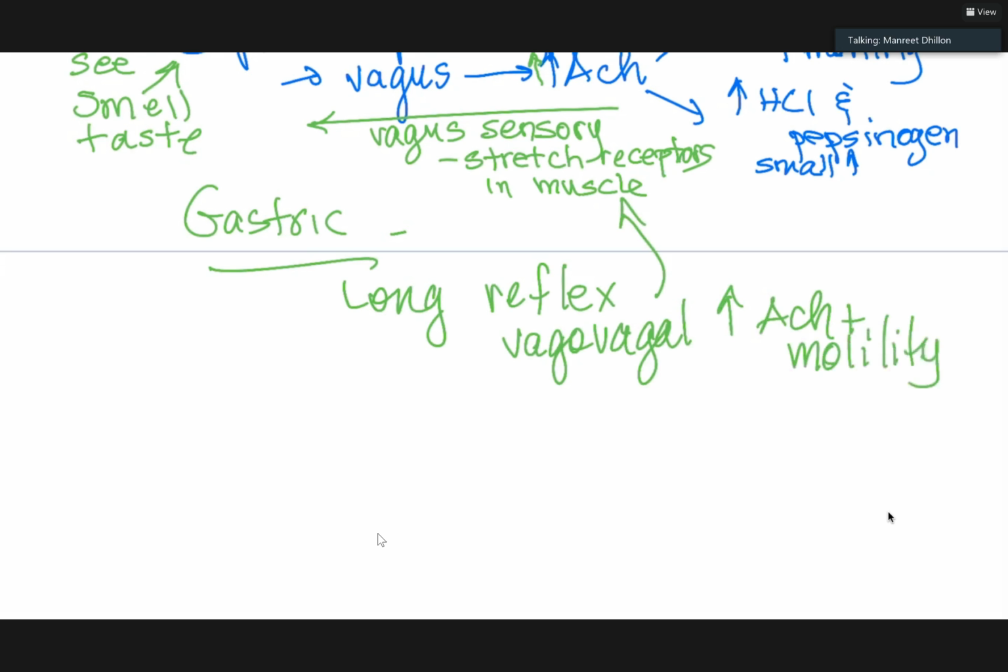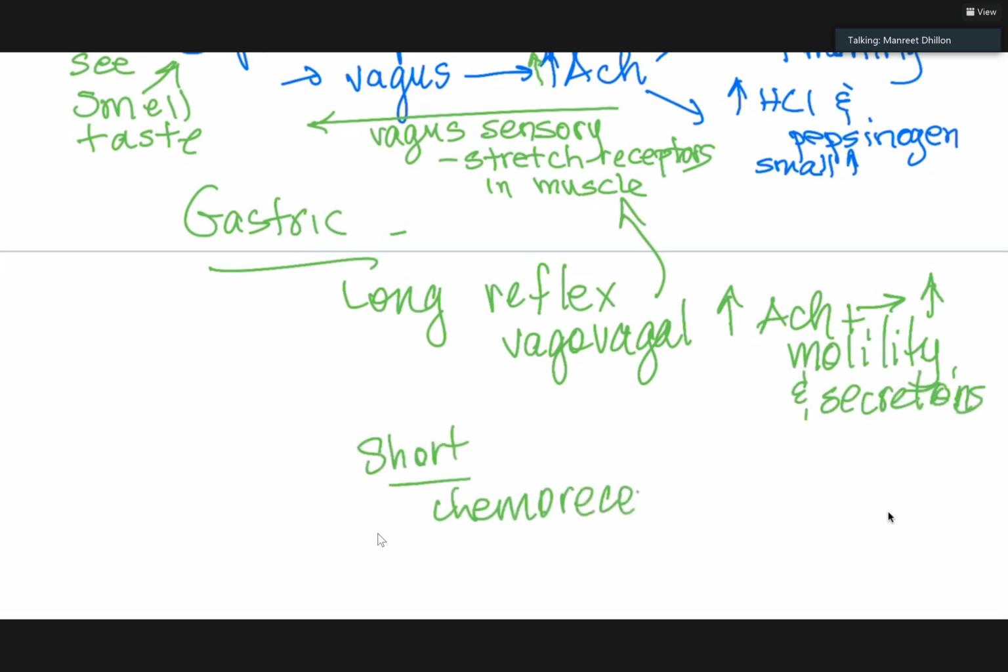And then the food chemicals such as peptides and caffeine, as well as increased pH, will activate chemoreceptors, and that will cause G cells and H cells to secrete gastrin, histamine, and some other hormones into the blood, which will also increase stomach secretion and motility.